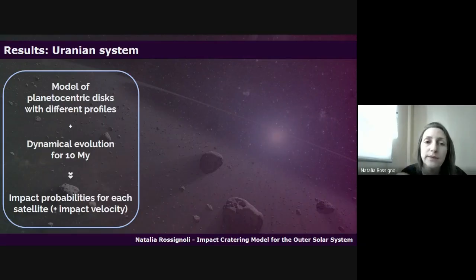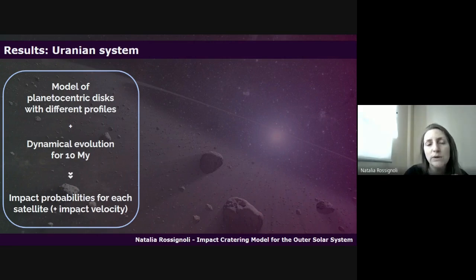They collide with the satellites or with the planets or are ejected from the system in a few million years. So 10 million years for the dynamical evolution was more than enough to obtain impact probabilities for each satellite and each disk and the impact velocity.